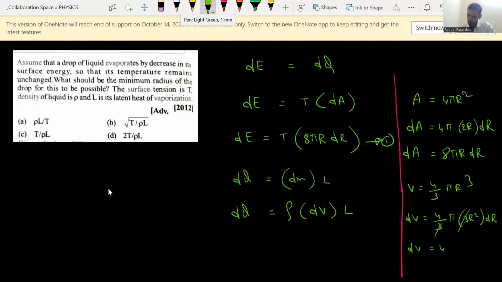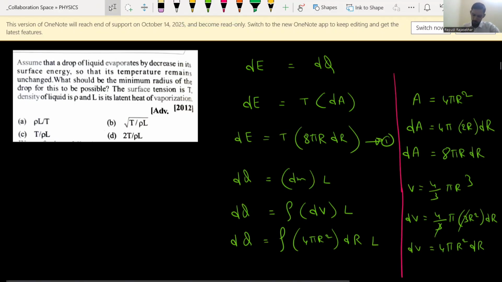So dV equals 4 pi r square dr. Right, 3 cancels, 4 pi r square dr. Substitute here. So dQ equals rho into dV value, 4 pi r square dr, into L, where L is the latent heat. Okay, this is equation number 2. Consider it as equation number 2.